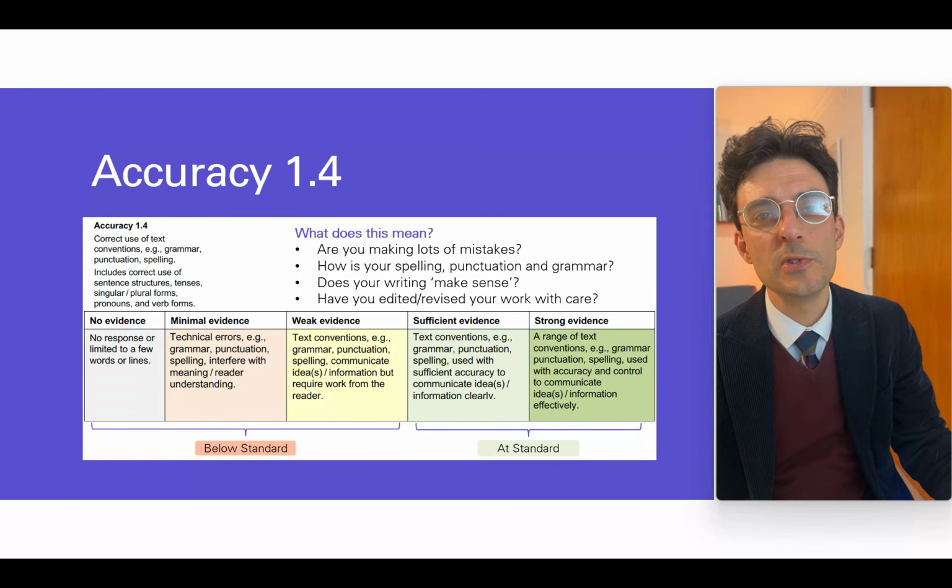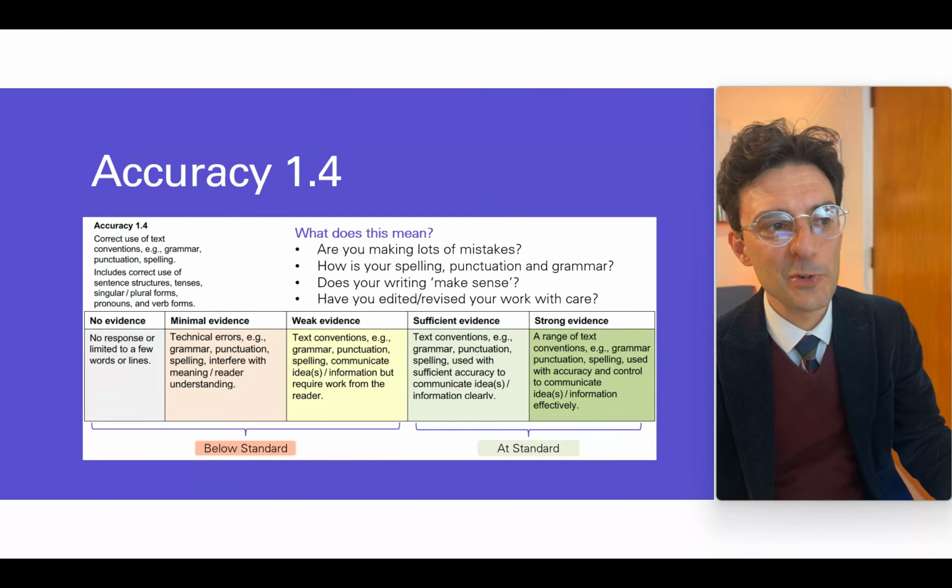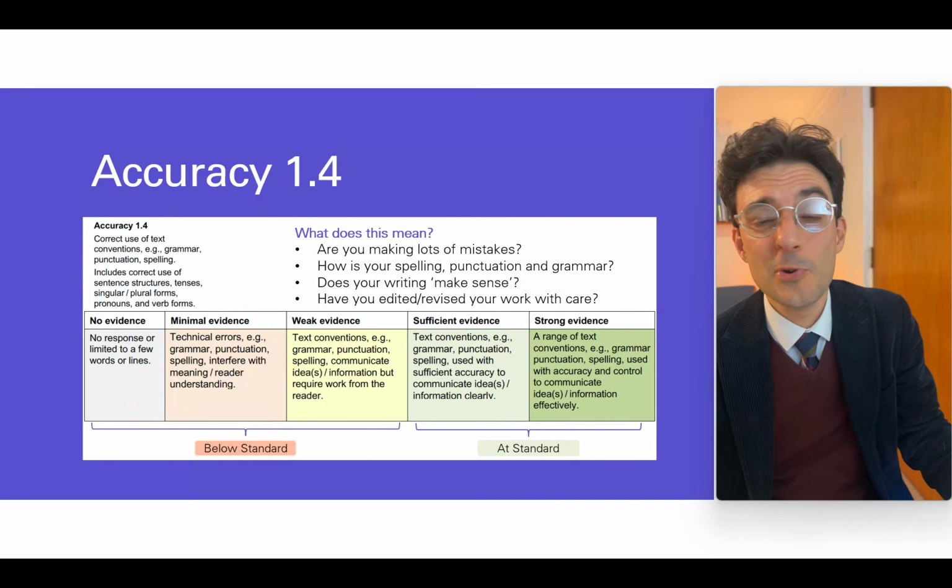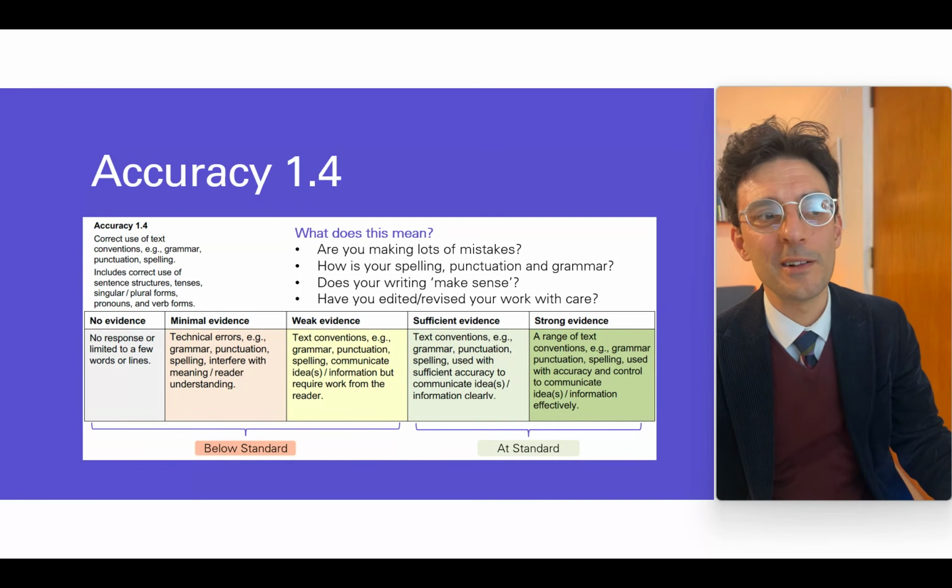Like if you want to use the word insufficient, but you don't know how to spell insufficient, let alone what it actually means, then you probably shouldn't use it. You should just use a word that you do know the meaning of and know how to spell, because that's going to help you out more.